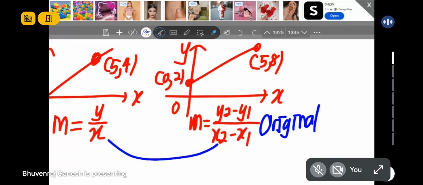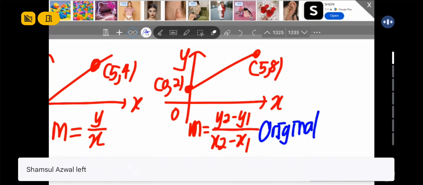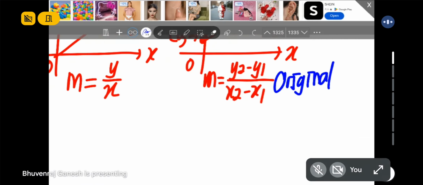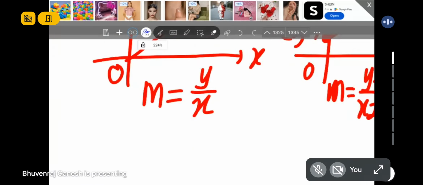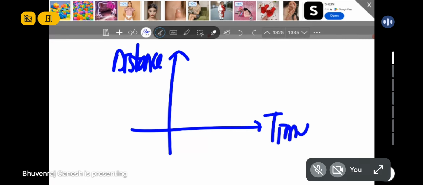Okay? Can faham? So if distance time kira keturunan, boleh kira jarak bahagi masa. Jarak bagi masa tu adalah keturunan lah. Okay wait, I draw for you. This one is distance. This one is time. So you count distance over time means you count speed.